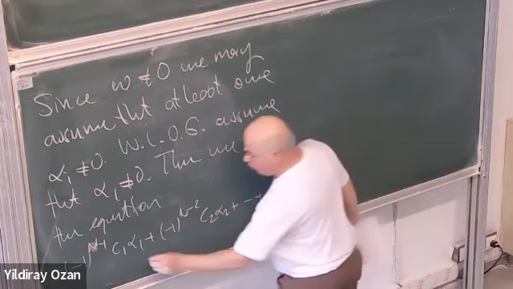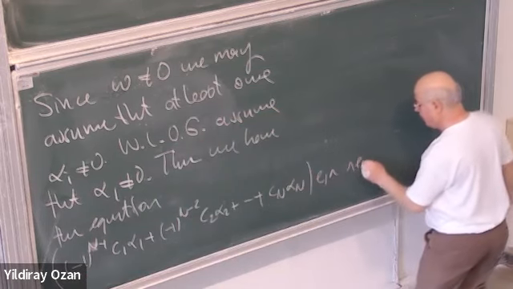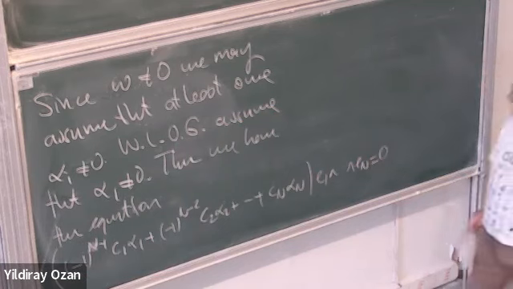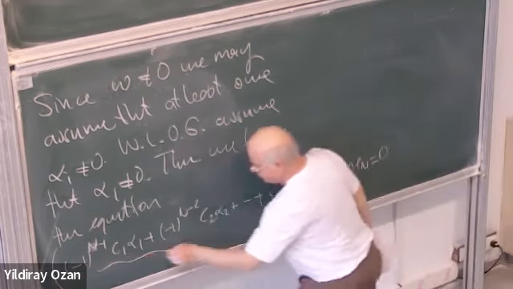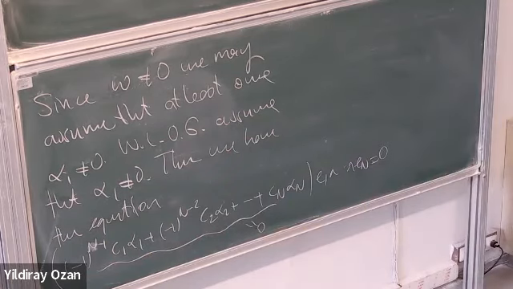And then all this thing is multiplied with E1 through En is equal to 0. Well, this implies that this gadget is 0 because this is not 0.